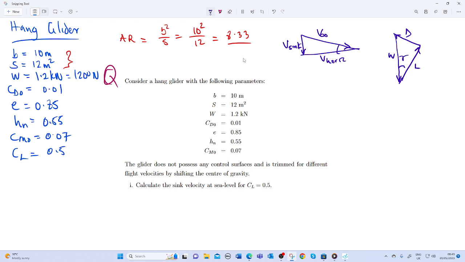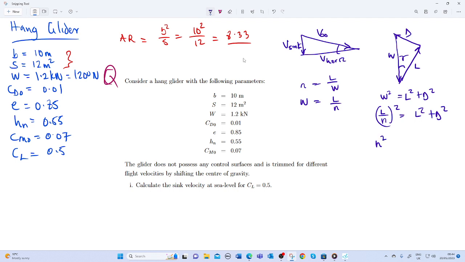Now, you know that load factor equals lift over weight. From there, we can deduce that weight becomes lift over load factor. Now, by using this particular diagram, we can deduce that W squared equals L squared plus D squared. So therefore, L squared over n squared equals L squared plus D squared.